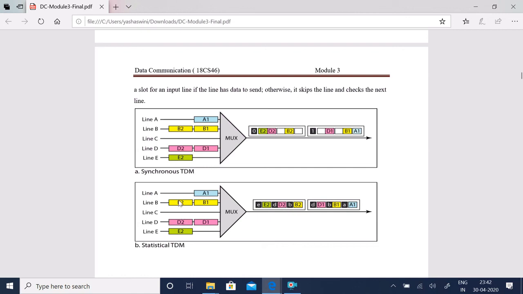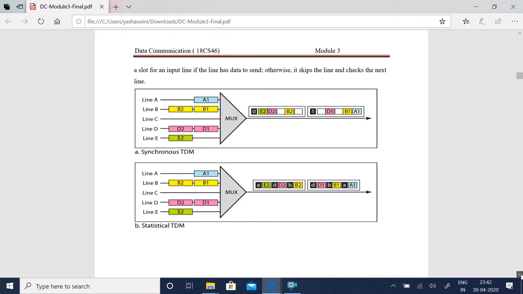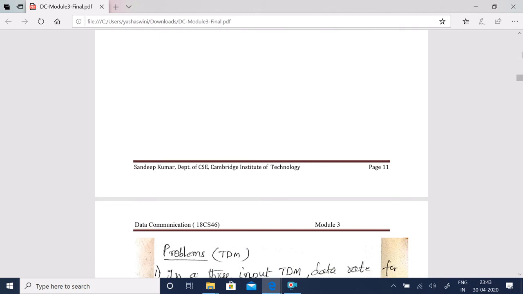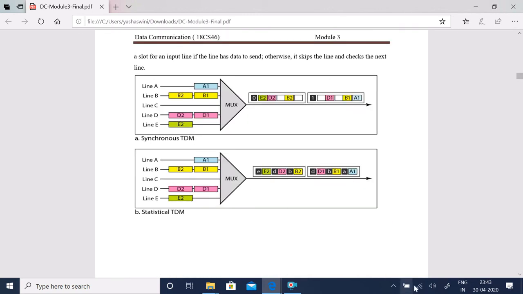It dynamically allots for line B and transmits B2, and it will not allot for A. So here only 3 channels are used, for E, D and B. The 2 channels which were wasting bandwidth are avoided in statistical time division multiplexing, because the channels are allotted in a dynamic way. So this is about time division multiplexing. I'll stop here. Thank you.